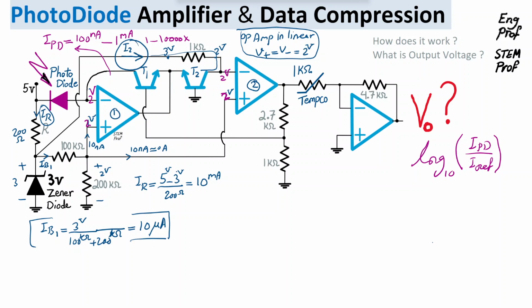That's the only route, because the input terminal of the op amp cannot take or provide any current, ideally. So the current I2, which is the collector-emitter current of NPN transistor T2, is simply 3 volt minus 2 volt divided by 1 kilo ohm, which means 1 milliamp current.